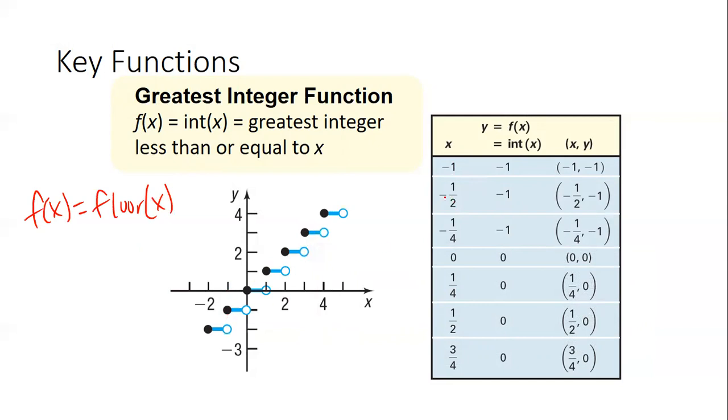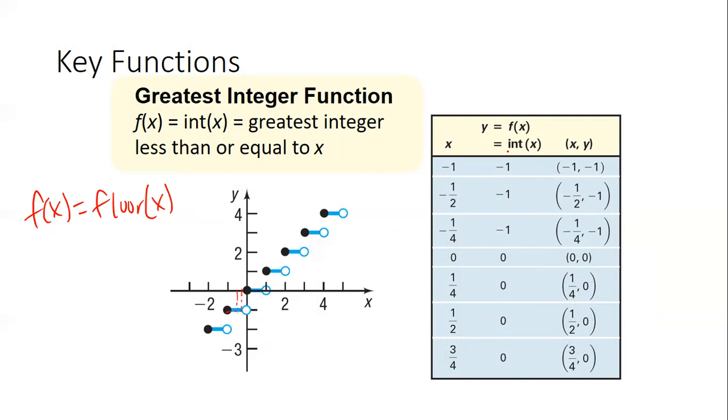If x is -1/2, I'm going to go to -1. -1/4, doesn't matter. I'm still only at -1. So each one has its interval of where those values are being set.